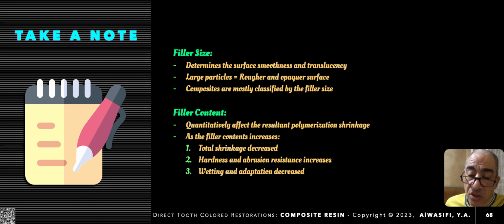And always composite is classified according to its filler size. Filler content affects the resultant polymerization shrinkage. And as the filler content increases, total shrinkage will be decreased, hardness and abrasion resistance will be increased, wetting and adaptation will be decreased. That's why you are in need to add diluent.